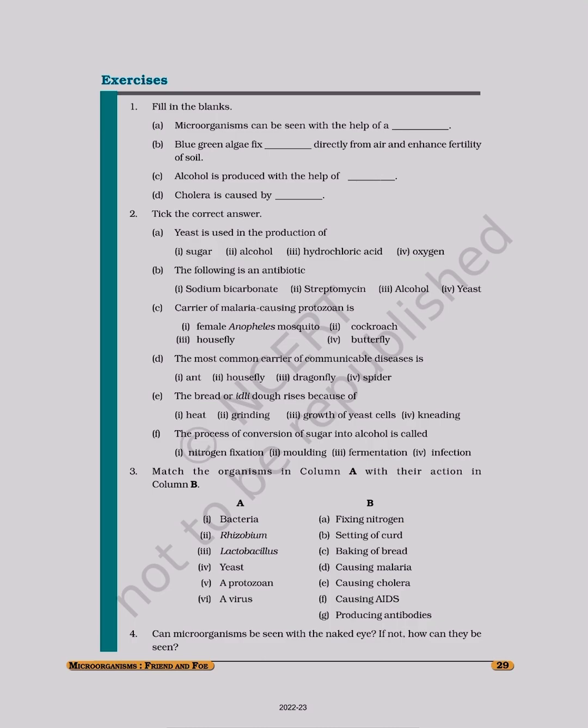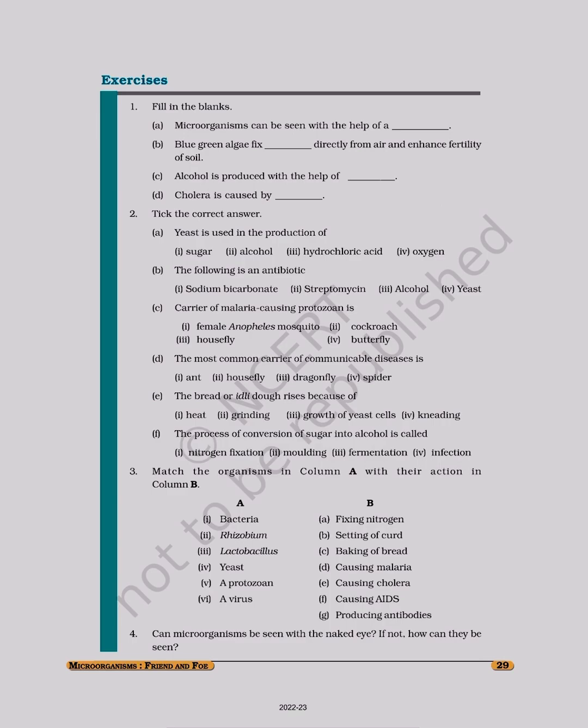Tick the correct answer. Yeast is used in the production of sugar, alcohol, hydrochloric acid, oxygen. Next, the following is an antibiotic: sodium bicarbonate, streptomycin, alcohol, yeast. Next, carrier of malaria causing protozoan is female Anopheles mosquito, cockroach, housefly, butterfly.